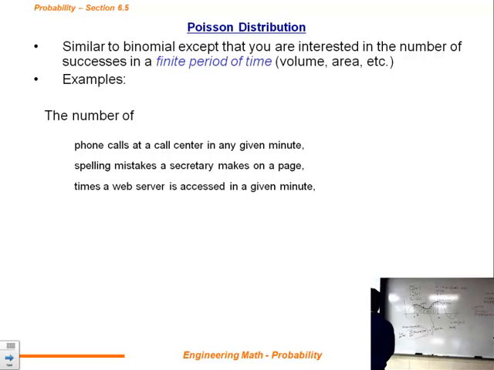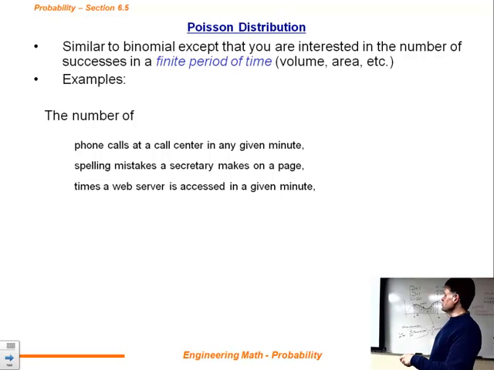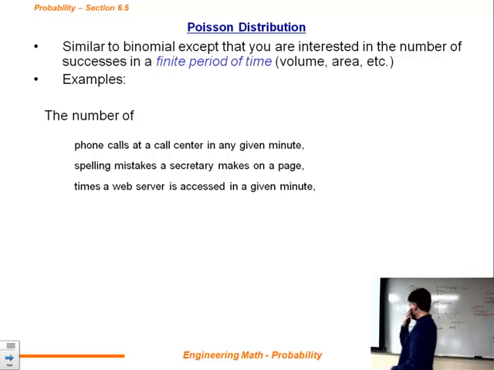The number of times a web server is accessed in a given minute. We'll count an access as a success, just as before a mistake was considered a success, even though it's not really. So the number of times a web server is accessed in a given minute. So the number of occurrences of something in a given unit of time or space.